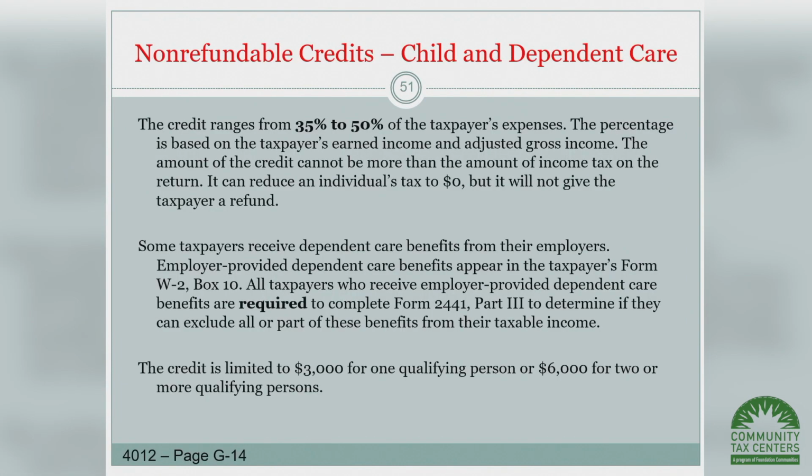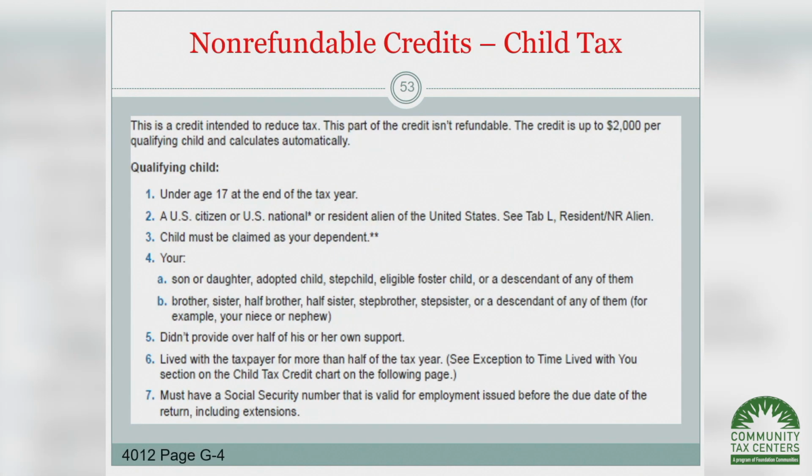Now, the child and dependent credit, well, the child tax, they're two different credits. They seem very similar. One is the child and dependent care tax credit, and the other one is the child tax credit.